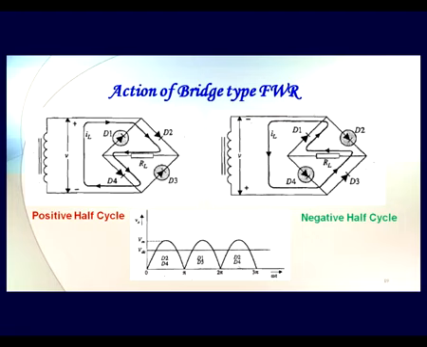So same way as we had for our earlier center tap transformer, we have here also both the half cycles being positive vis-a-vis the load, and that's why once we are getting conduction through D2, D4, another time we are getting conduction through D1, D3, but the resultant is the same.